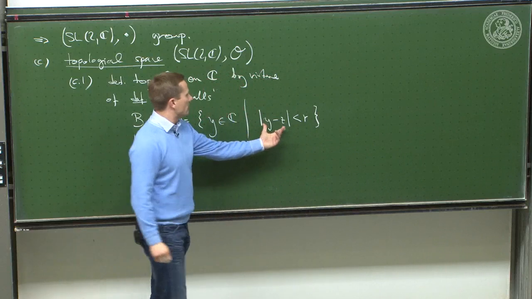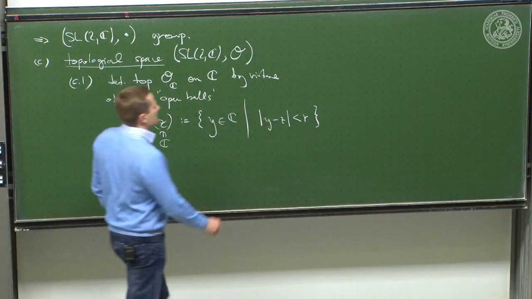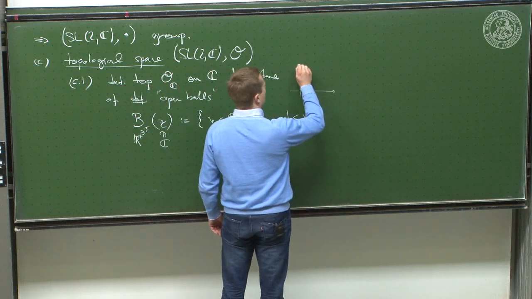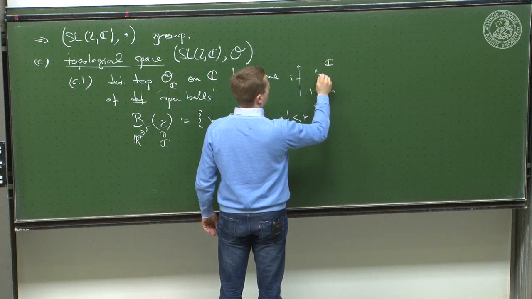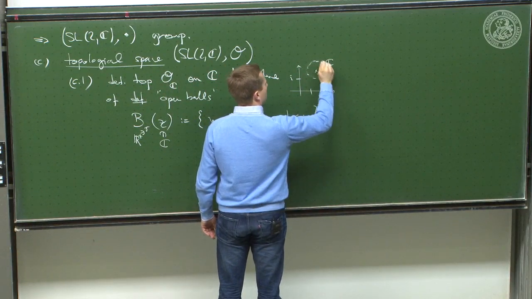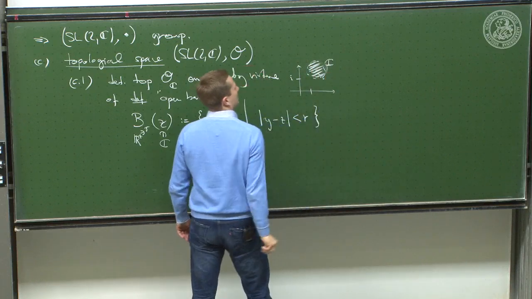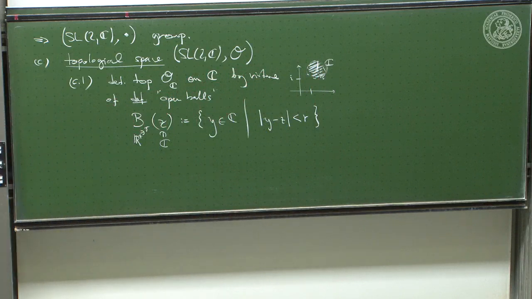And this is now, of course, the absolute value on the complex numbers. Obviously, if you go to the complex plane, this is the point z. It's, well, without the boundary. It's all the complex numbers in here for a positive radius r.